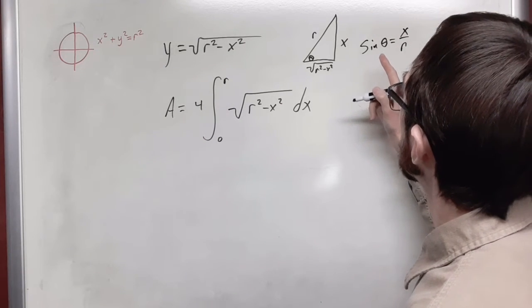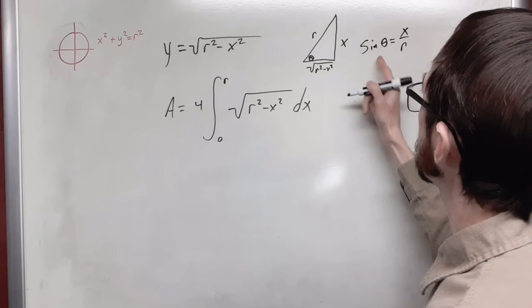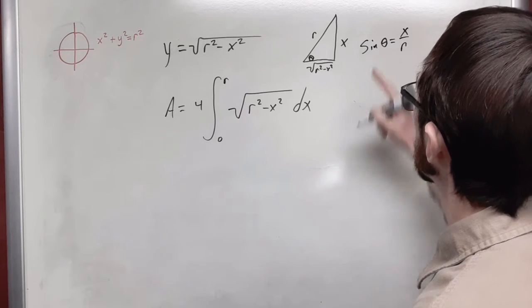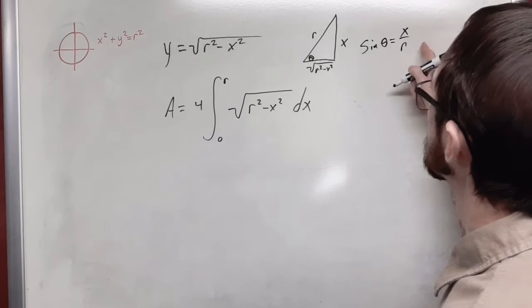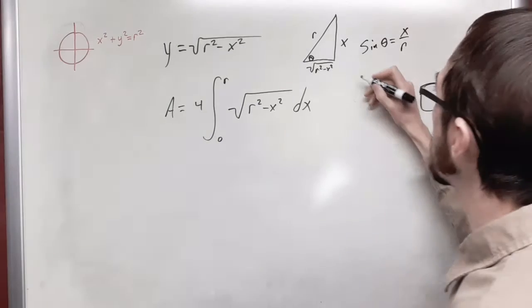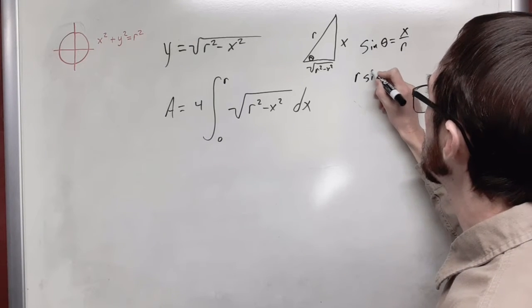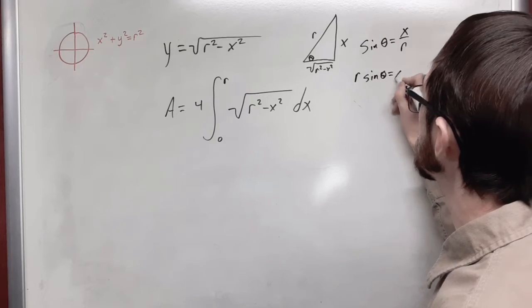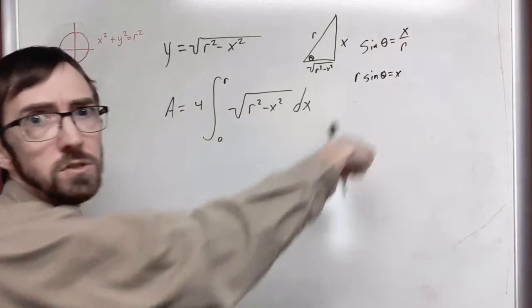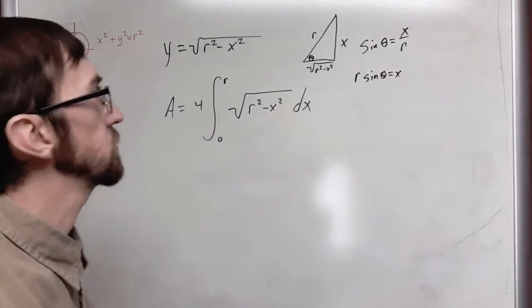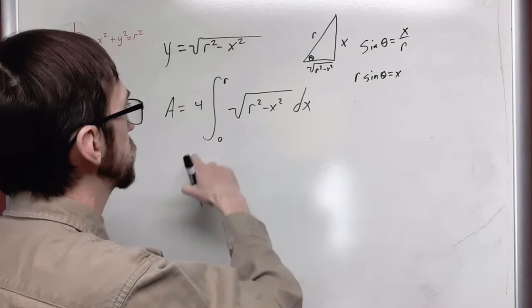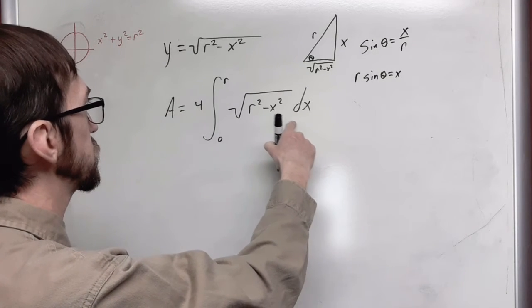And we can do several manipulations with this. We can solve this for x for one. So if I multiply both sides by r, I get that r times sine theta is equal to x, and I can substitute this x into here. Eventually, we'll want to do a substitution.